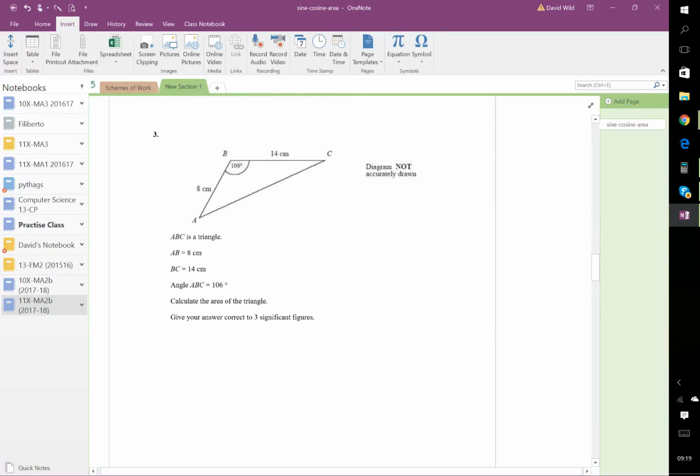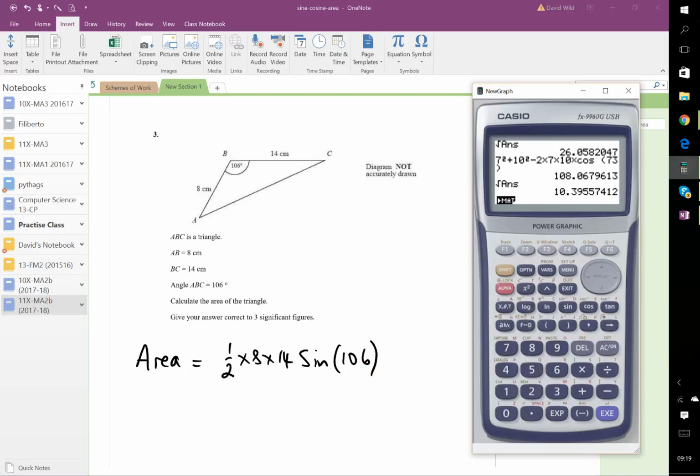Question 3. So we've got a triangle. We're given these dimensions. They're also on the diagram. ABC is 106 degrees. Calculate the area of the triangle. So the area is a half times the length times the length times the sine of the angle between them. So a half times 8 times 14 times sine of the angle 106.